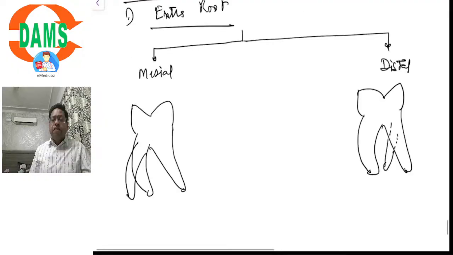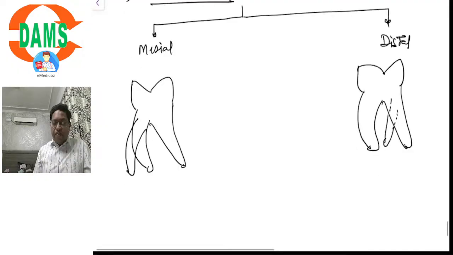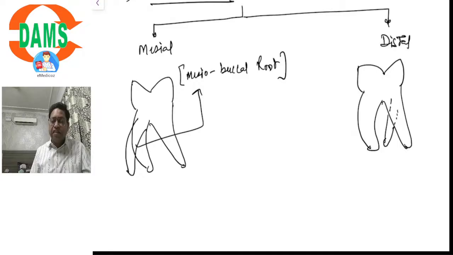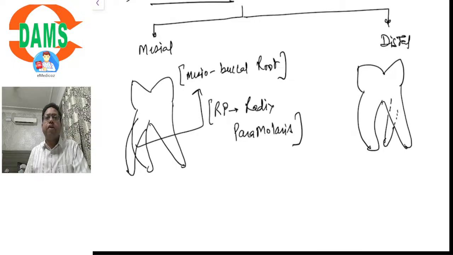Most of the time, this extra mesial root is located on the mesiobuccal aspect. Extra mesiobuccal root. And this extra mesiobuccal root is called RP or radix paramolaris. What is the term given to the extra mesiobuccal root of mandibular first molar?